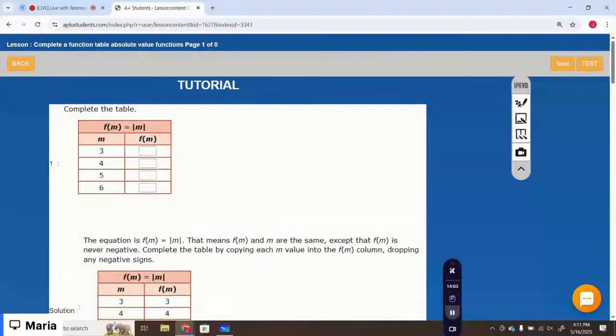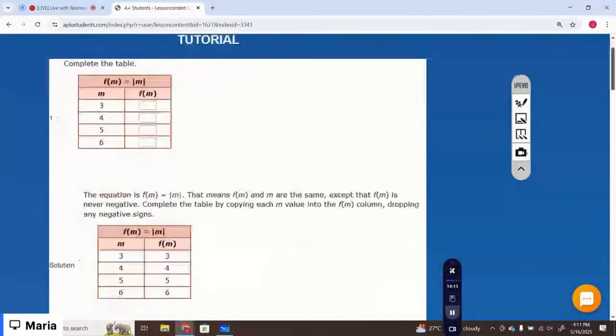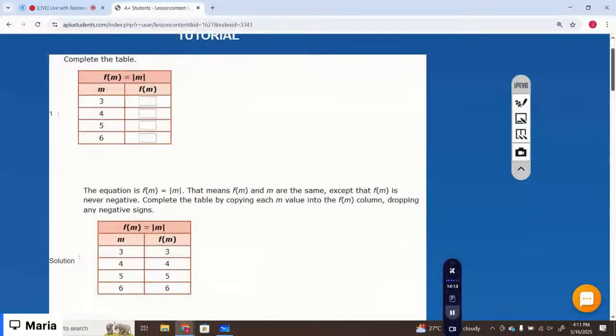Complete the table. F of m equals the absolute value of m. So the first thing we need to learn is what absolute values are. Absolute values are positive values, right? No negative values in the absolute values.